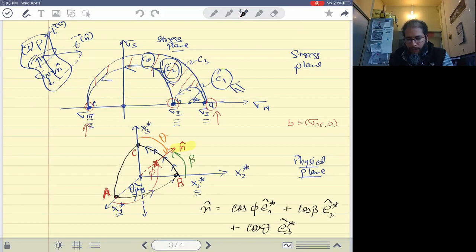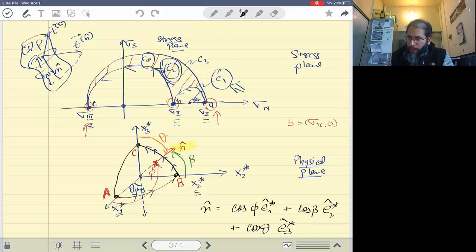So what we do is we try to find intersection points. The way you do in geometry, you try to make two arcs and find intersection points, and that will give you the point corresponding to this arbitrary point and the n hat normal.